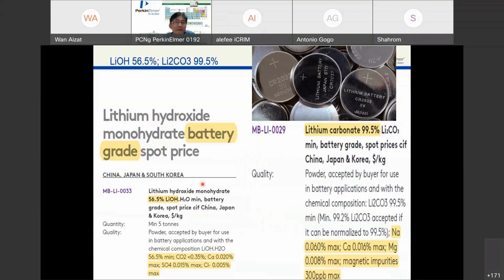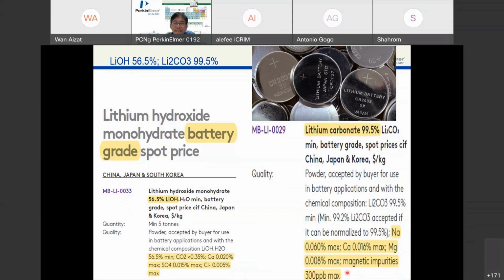Now we look into this battery, a lithium battery, lithium grade. If you look at these methods and grades, they list that lithium carbonate must be in a range of percent. It needs to be 99%. It lists all the impurities to be analyzed, like sodium 0.06% maximum, calcium 0.016, magnesium 0.08.